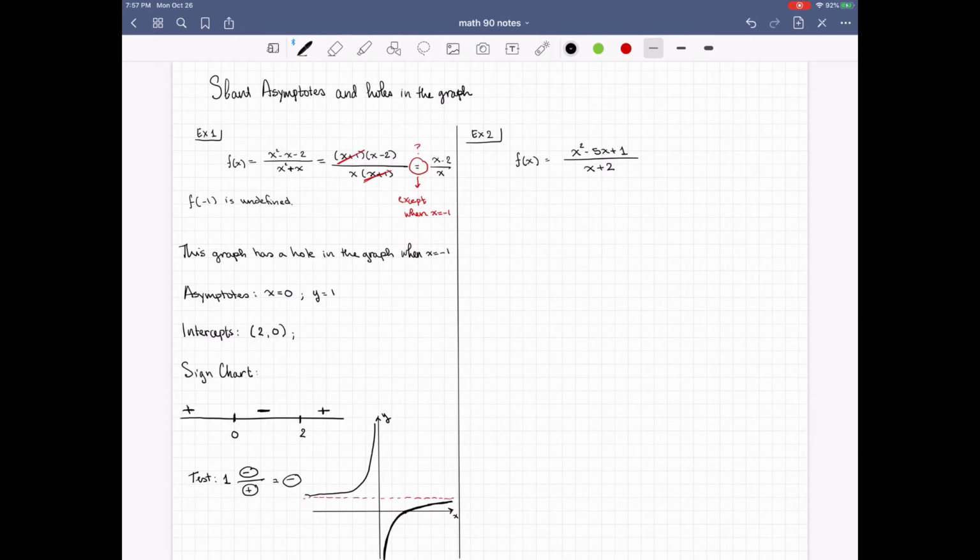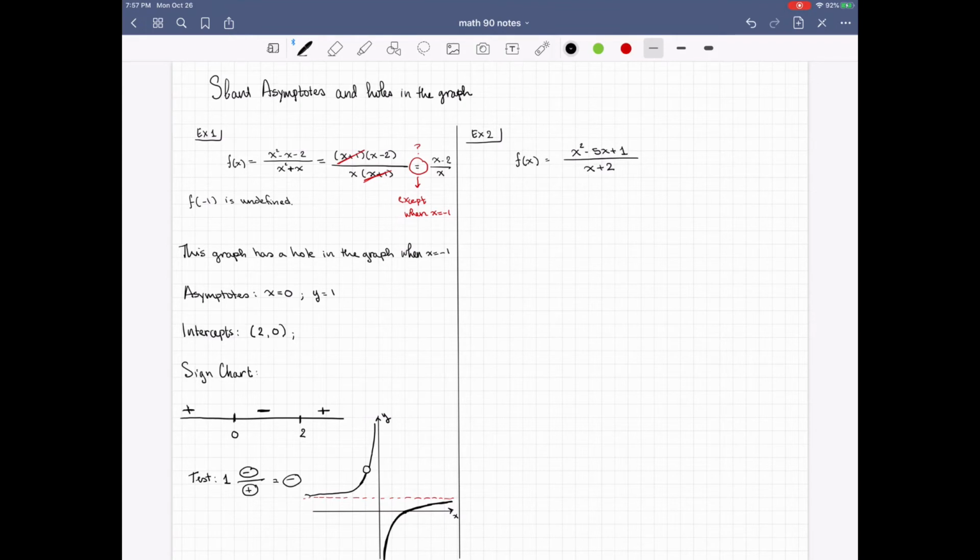So you can see at -1, this function would normally pass through the point (-1, 3). That's this point here. So we put a hole there, and then we continue on.